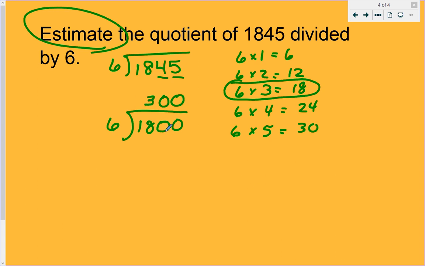So if I were to estimate this, I would say the estimated quotient is 300 because 1800 divided by 6 is 300. Okay? We're going to do another one like this, and a couple practice ones, because the division of that can sometimes be a little bit confusing to us, I don't know.